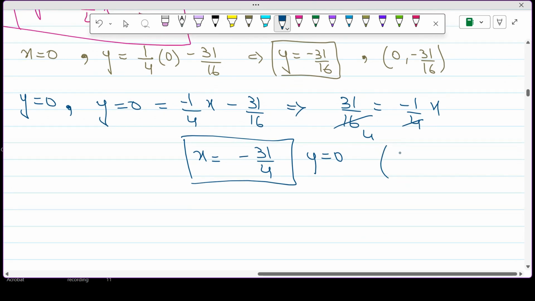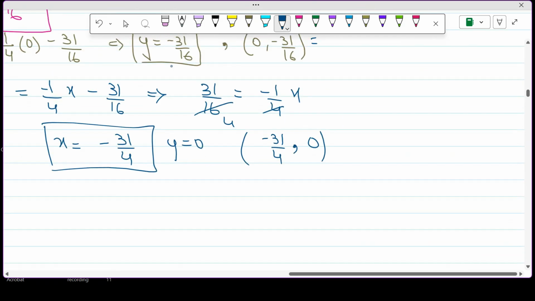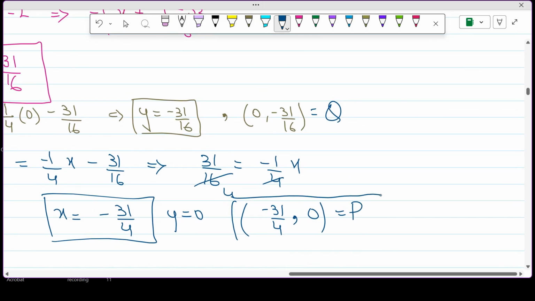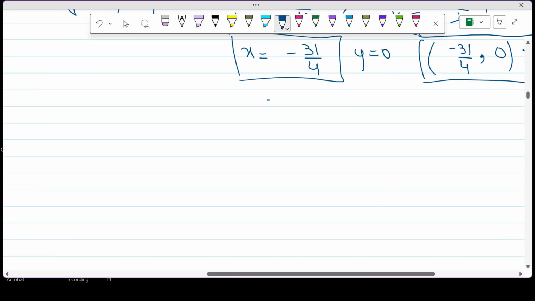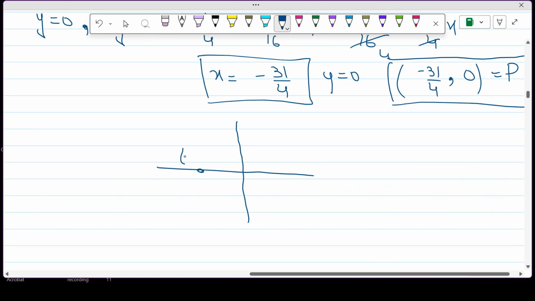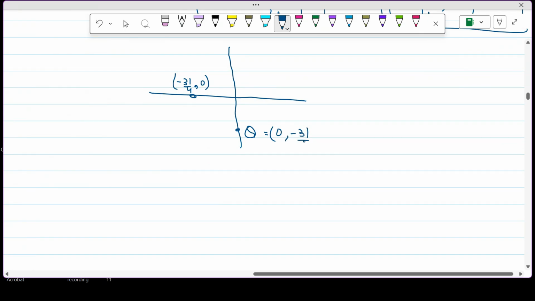So we can say that the point is negative 31 over 4 and 0. So this one is Q and this one is P. Again, P is negative 31 over 4 comma 0, and Q is 0 comma negative 31 over 16.